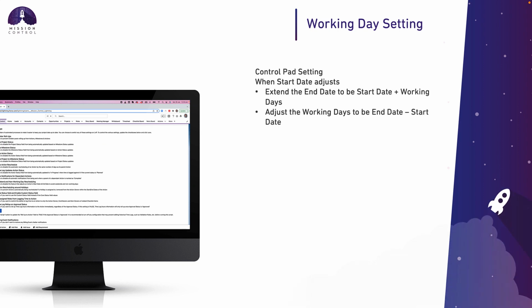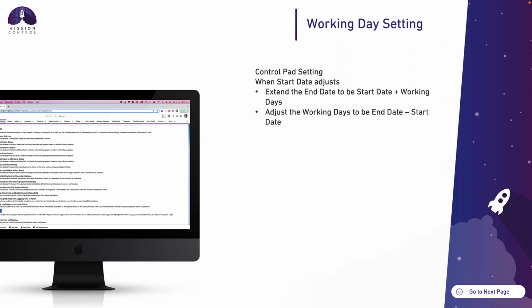Okay, so this is a setting. So we introduced a feature a few releases back where you can specify the working days, and the end date will be calculated automatically based on start date plus working days. To give you more flexibility around the rules that get applied there, we've got this setting.